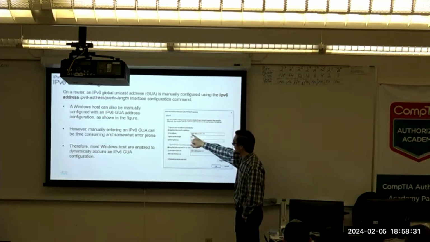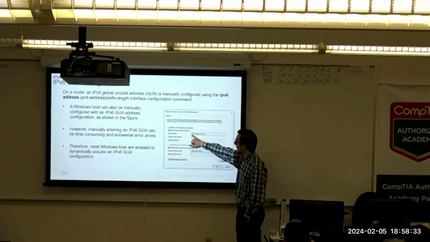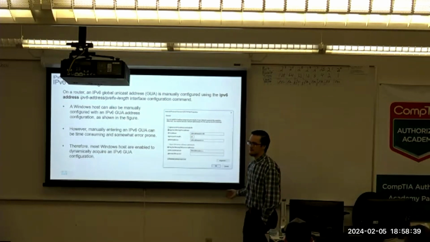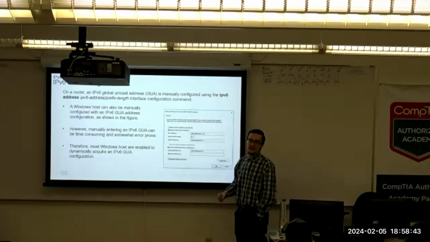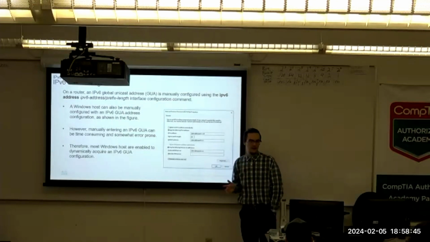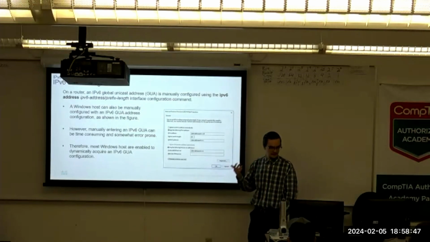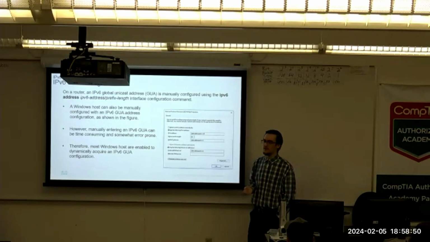This /32 right here. 2001 DB8. What is that? Why do we always see those numbers when we talk about IPv6? It doesn't matter if it's Cisco, anyone.